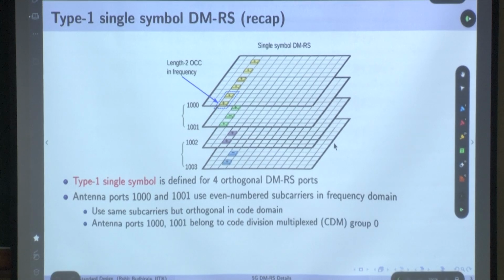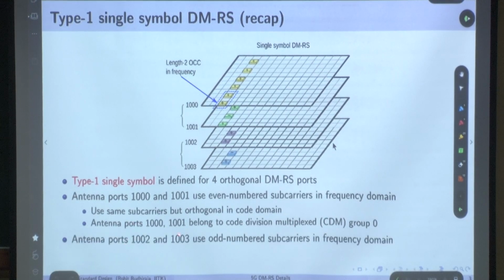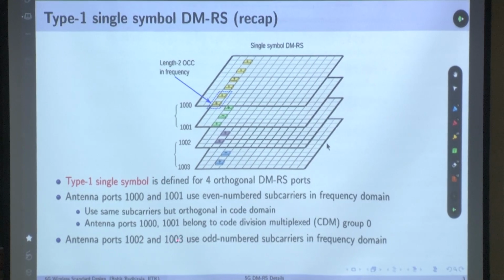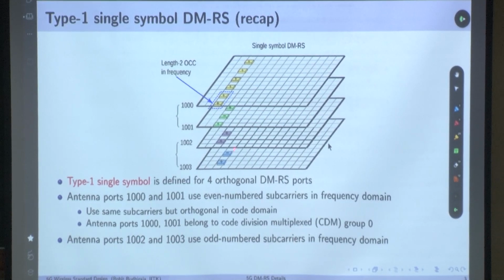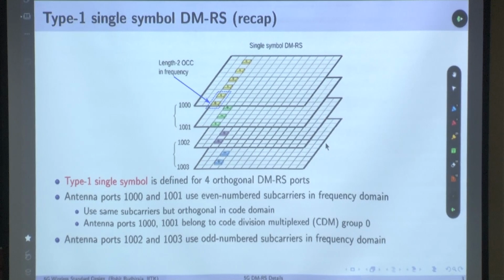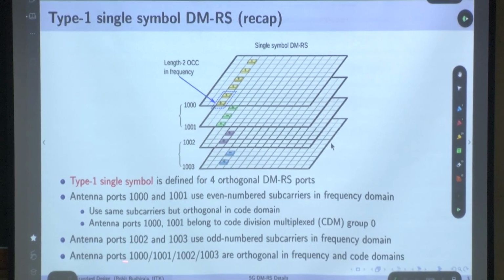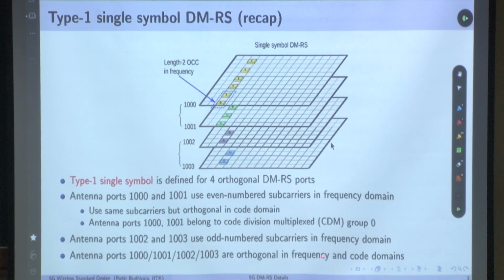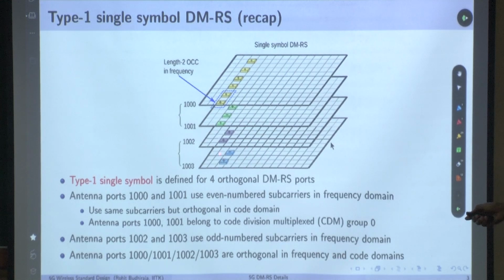Technically, we say that these 2 ports belong to CDM group 0. Then antenna ports 1002 and 1003 use odd numbered subcarriers in the frequency domain. These ports are orthogonal in frequency and code domain. Together, for the 4 ports, you are using orthogonality in code as well as in the frequency domain.